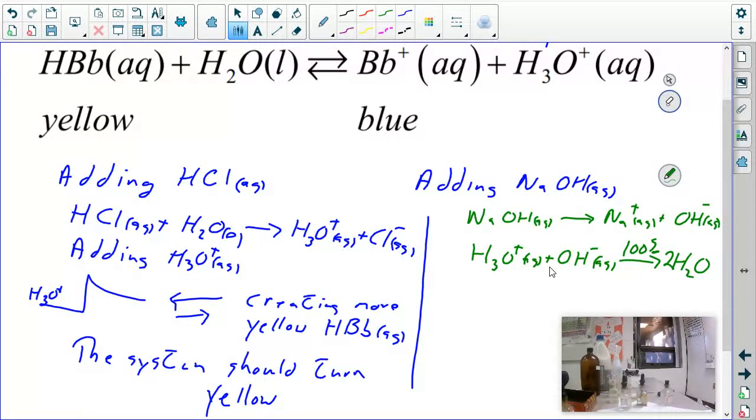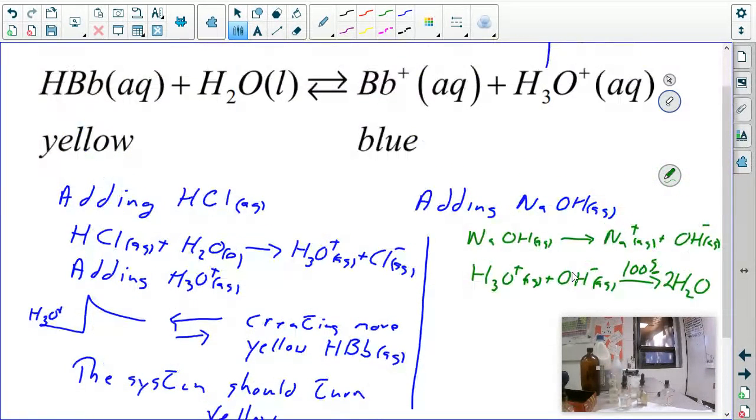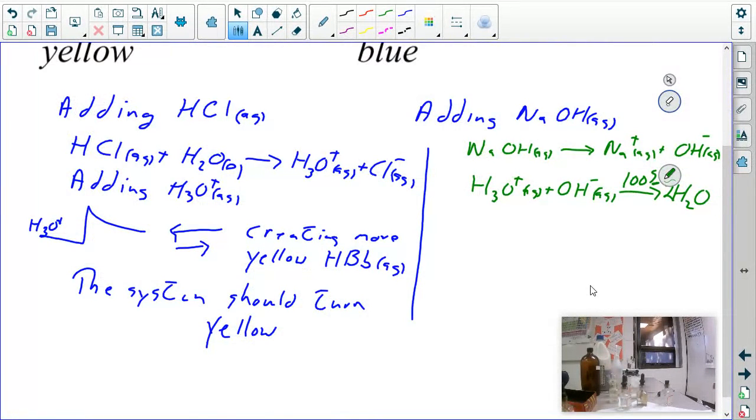Okay, so for every hydroxide ion you add to that system, it's going to remove a hydronium ion. So what we're doing is removing the H3O plus.